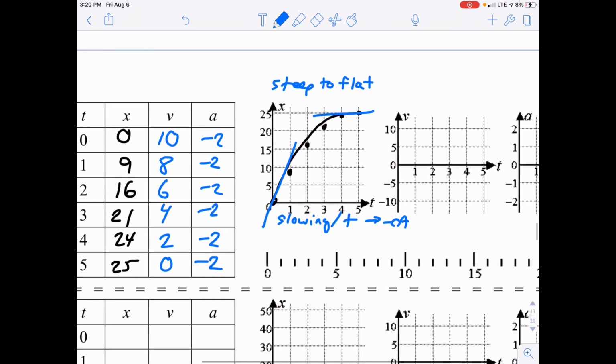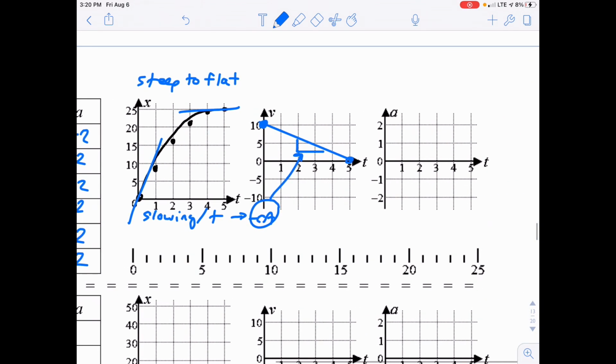Our velocities, we start with a velocity of 10. We end up with a velocity of 0 at 5 seconds. And our slope would look something like this. And the slope of that line would be our negative constant acceleration of negative 2. Finally, we plot that negative acceleration as a constant negative horizontal line for 5 seconds.